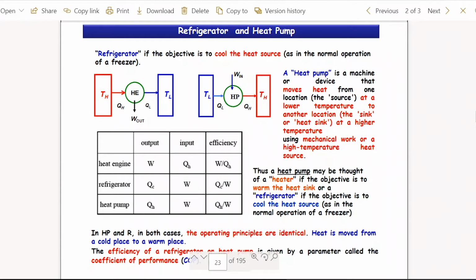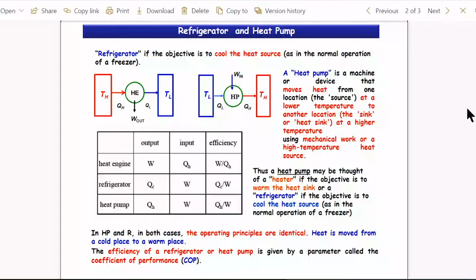What is the purpose of having a refrigerator? What is the output? You have a QC amount of heat which is the output, right? We are actually trying to cool a place. So some amount of dQC or the dQL is what the output is.